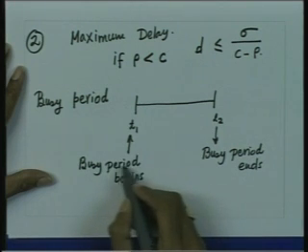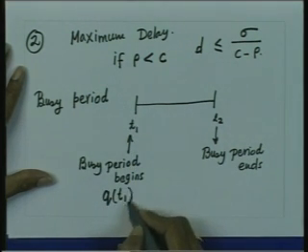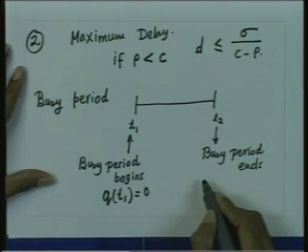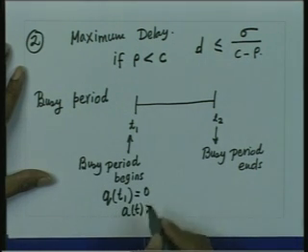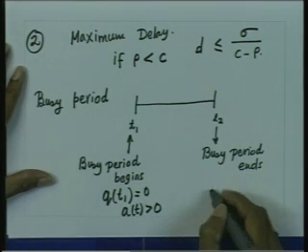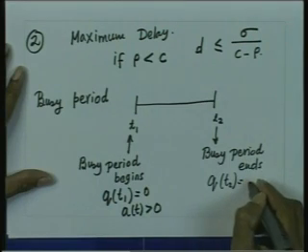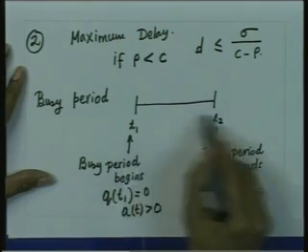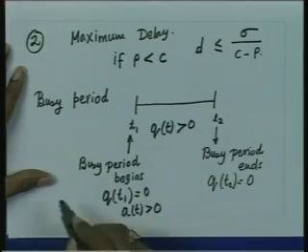Now the busy period begins at t1, that means q(t1) was 0, that is, the queue length at time t1 was 0, and the number of arrivals were greater than 0. The busy period ends at t2, because q(t2) also becomes equal to 0, and during t1 to t2, q(t) is greater than 0.